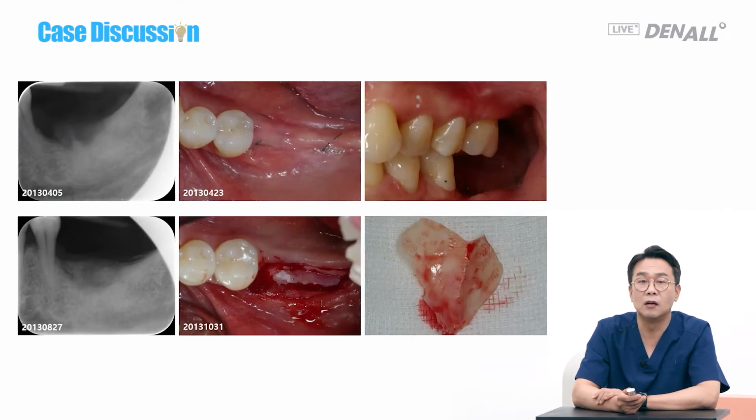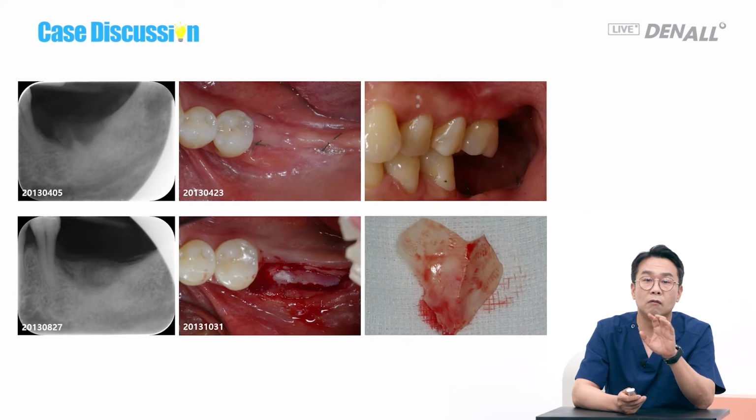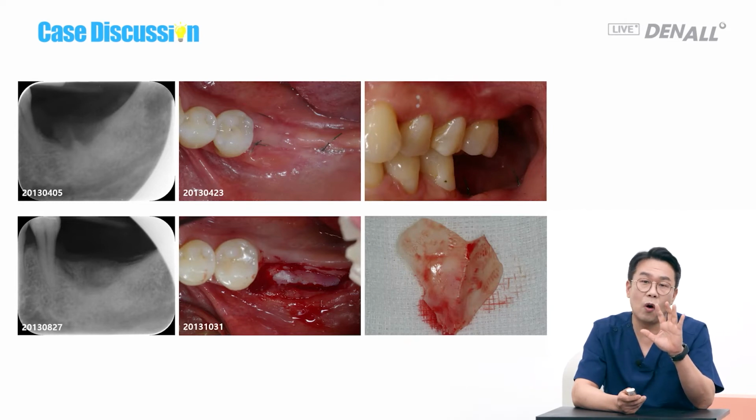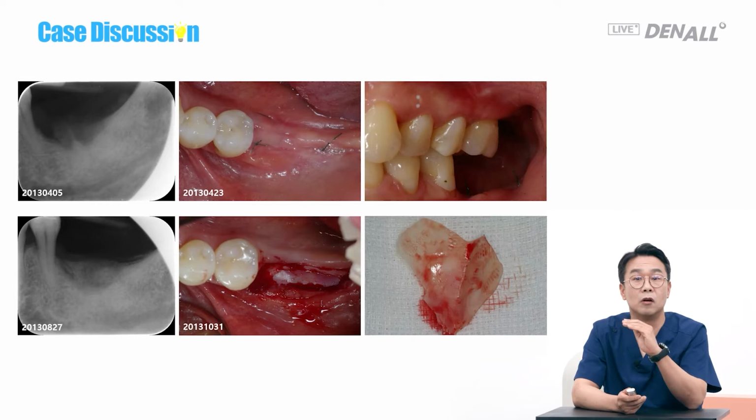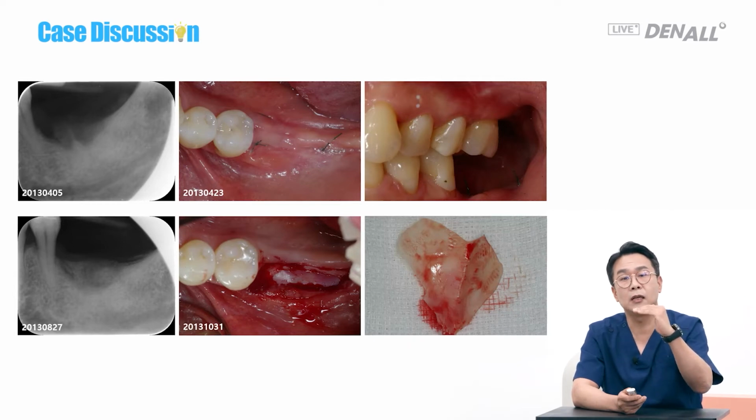So it is at the beginning and after it is healed. 5th of April, extraction, and it was inserted. The 27th of August, you can see the whitish incompletely osseointegrated portion. If it was not there, it would be concave, but it is made flat.